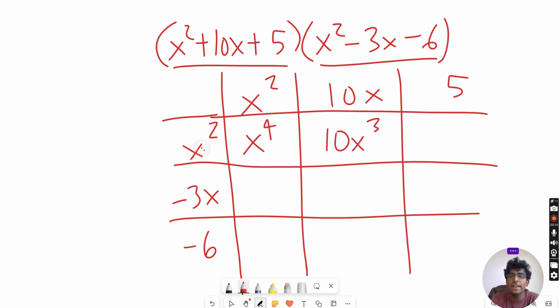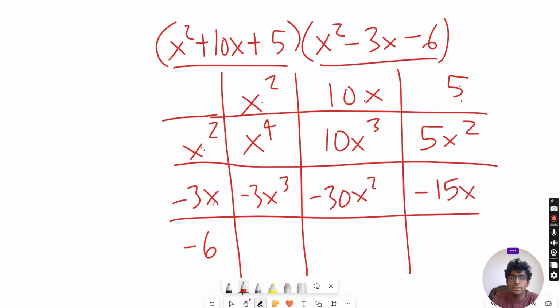X squared times 5 is going to be 5x squared. Negative 3x times x squared is negative 3x cubed. Negative 3x times 10x is negative 30x squared. Negative 3x times 5 is negative 15x. Negative 6 times x squared is negative 6x squared. Negative 6 times 10x is negative 60x. And then negative 6 times 5 is negative 30.